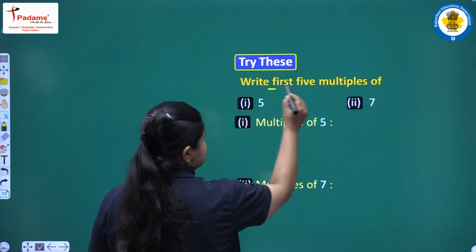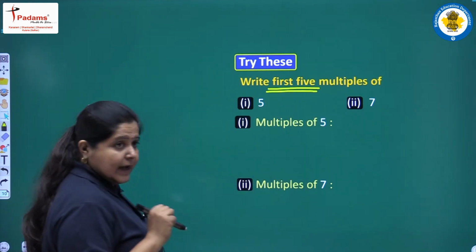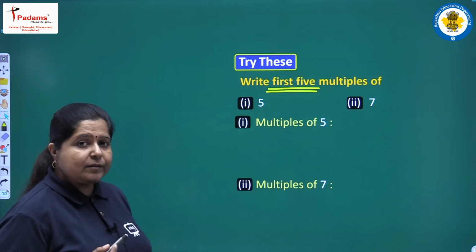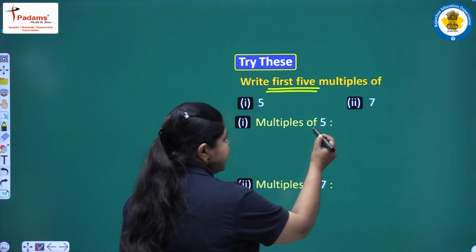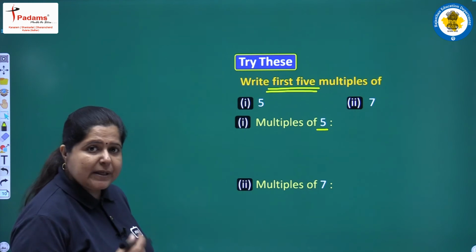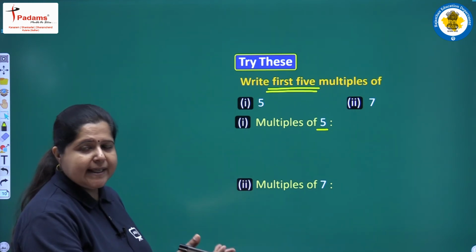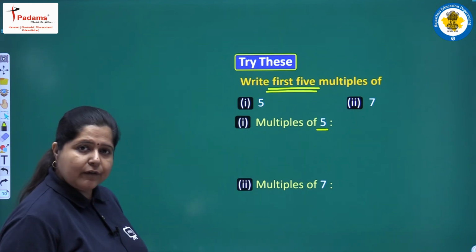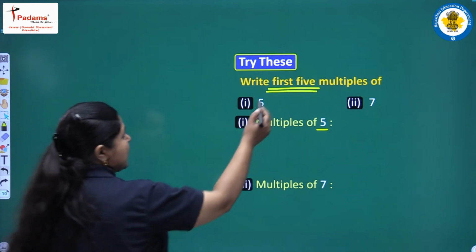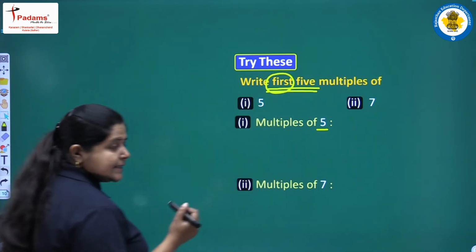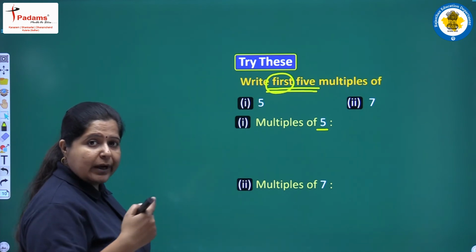Write first 5 multiples of 5. So, how do we get a multiple? How will we get the multiple of 5? We will multiply 5 by some other numbers and then we will get the multiples of 5. Since we are talking about first 5, we will start with 1, multiplying 5 by 1.